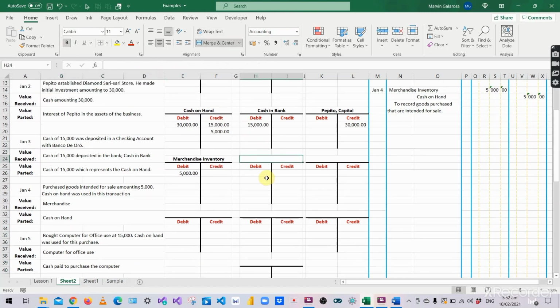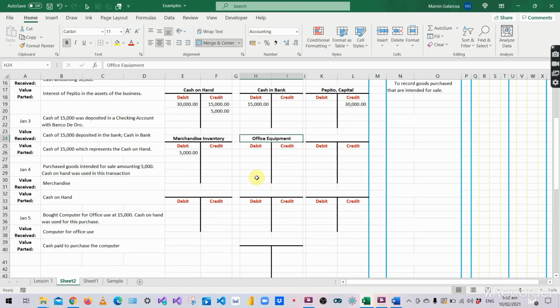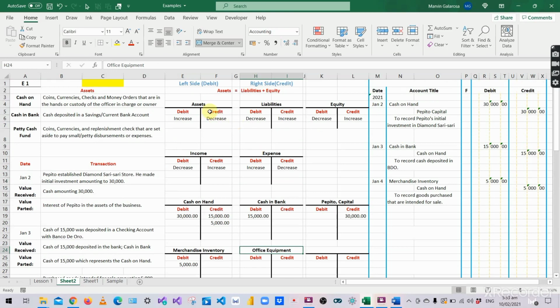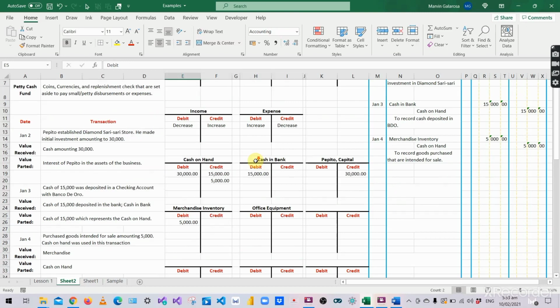Dagdagan natin yung ating T-account for the office equipment. Equipment is a non-current asset. Expected siya na makonsume beyond the entity's normal operating cycle or lagpas sa 1 year yung gamit niya. Office equipment is an asset. Ang increase sa kanya ay sa debit side.